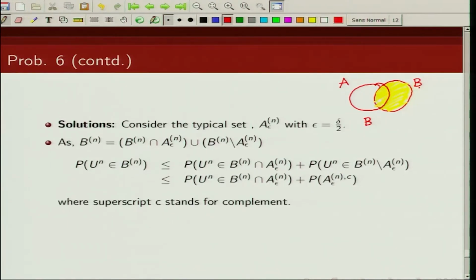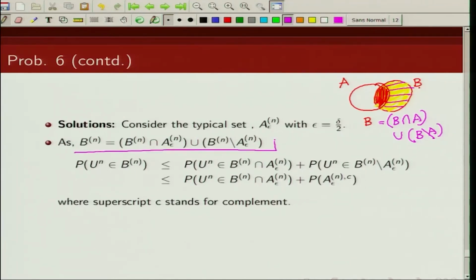B is this portion plus this portion, right? So I can write B as B intersection A union B minus this set A. So I am writing this Bn as Bn intersection the typical set, union Bn minus the typical set.